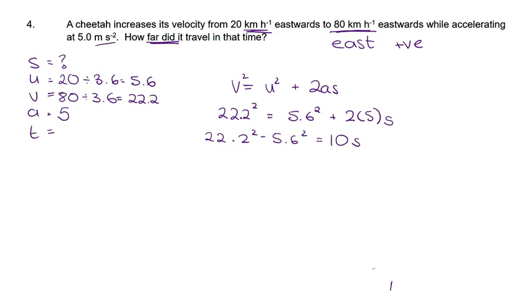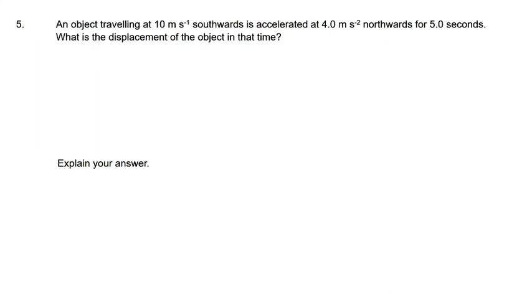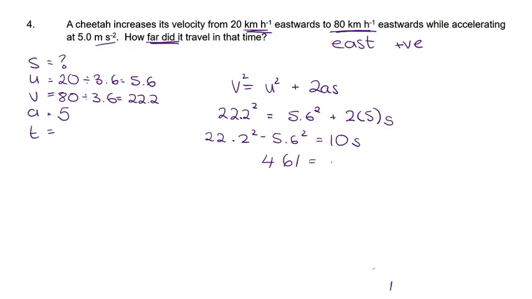So that's 10s. Now if I do that left-hand side in the calculator, I get 461. Oopsie, sorry about that. And that equals 10s. So dividing through by 10 to get my displacement, I get s equals 46.1 meters. Now we can see I've got a positive answer, which means that my displacement is east.